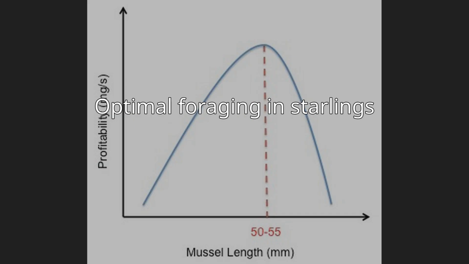Optimal foraging in starlings. The foraging behavior of the European starling Sturnus vulgaris provides an example of how marginal value theorem is used to model optimal foraging. Starlings leave their nests and travel to food patches in search for larval leatherjackets to bring back to their young.